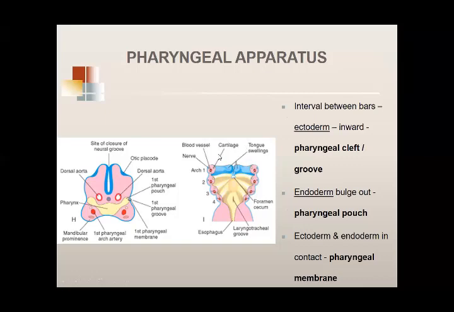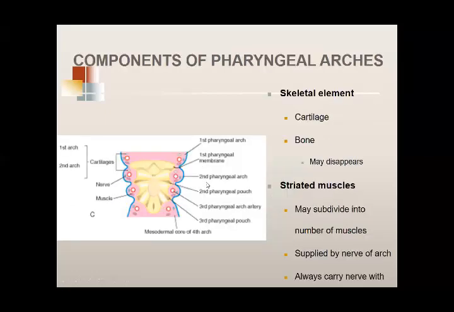On the outside, you have a lining of ectoderm. And then comes mesenchyme or mesoderm in between the ectoderm and endoderm. Okay? This loose mesenchyme, I told you, in the region of loose mesenchyme over here, the endoderm of the pharynx bulges out.